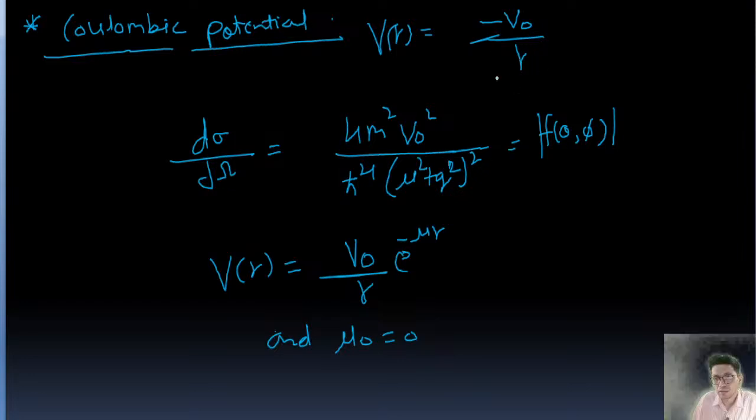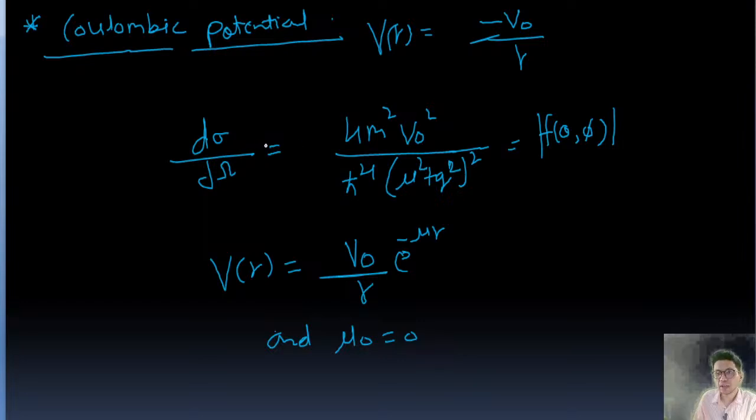So in this Yukawa potential, if you put μ equal to 0, we are going to get Coulombic potential. So the differential cross section for this Coulombic potential is going to be the same, in which we'll put μ equal to 0. That's all.